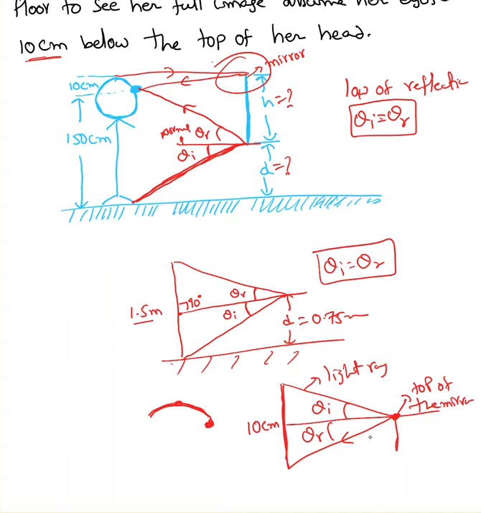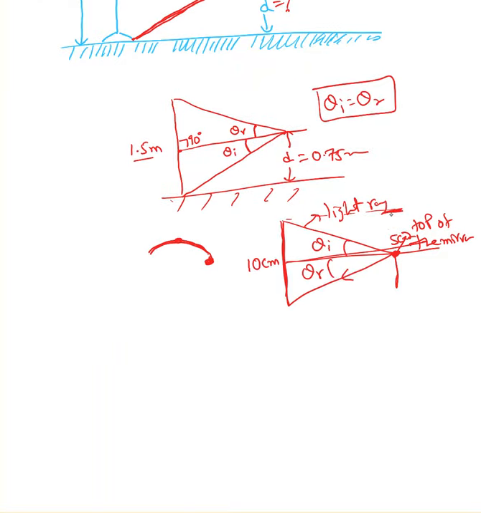Okay, so if that is 10 centimeters, can I take this height as 5 centimeters, right? I'm talking about this height. I didn't draw exactly, but this must be 5 centimeters. Okay.